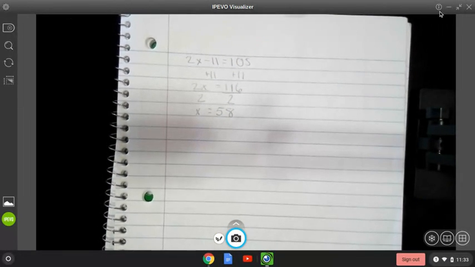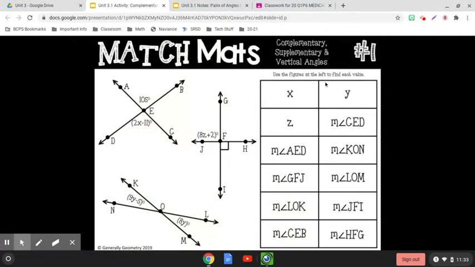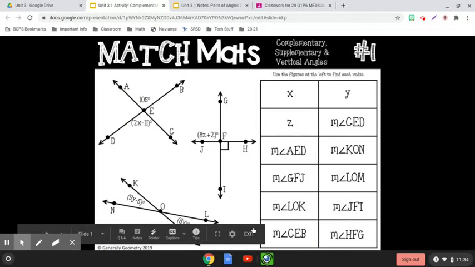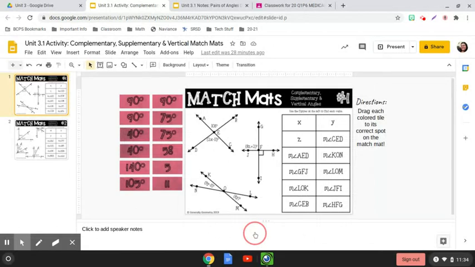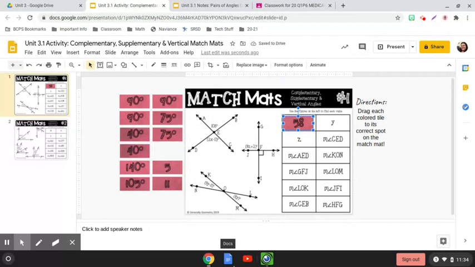So what we'll do is, now that we know x equals 58, we can come down here. We see that here's our 58. And bam, we put it right there.